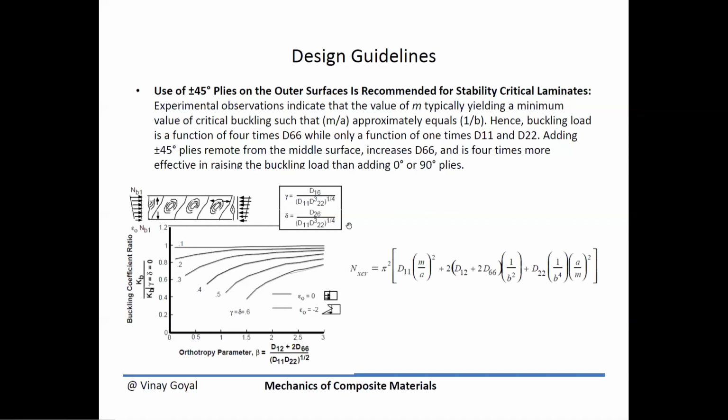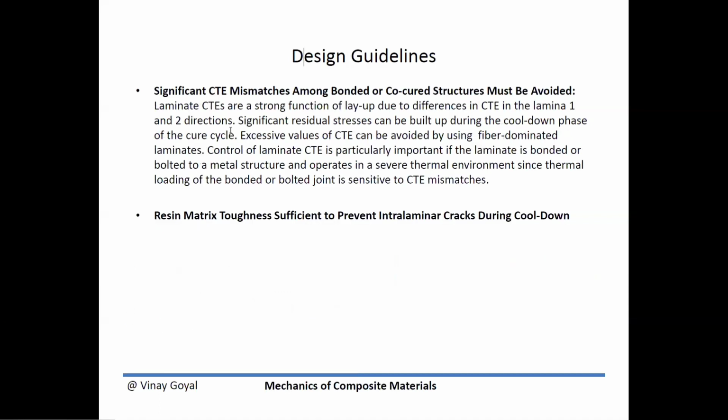Here I have an example of gamma being plotted against these parameters and delta, and the buckling coefficient generally increases when we can get those plus minus 45-degree plies in the outer surfaces. That will increase the stability of the structures fairly well.